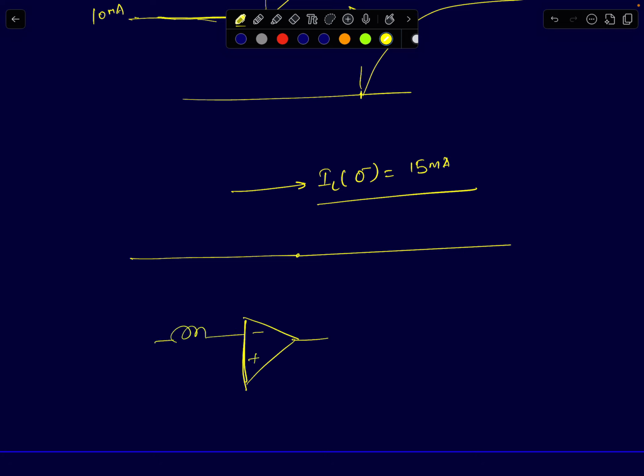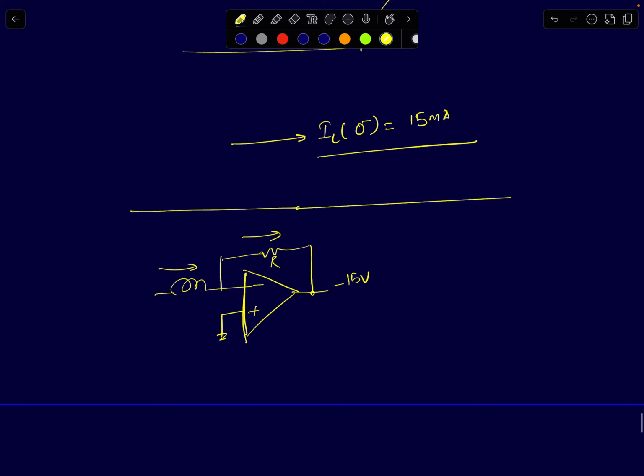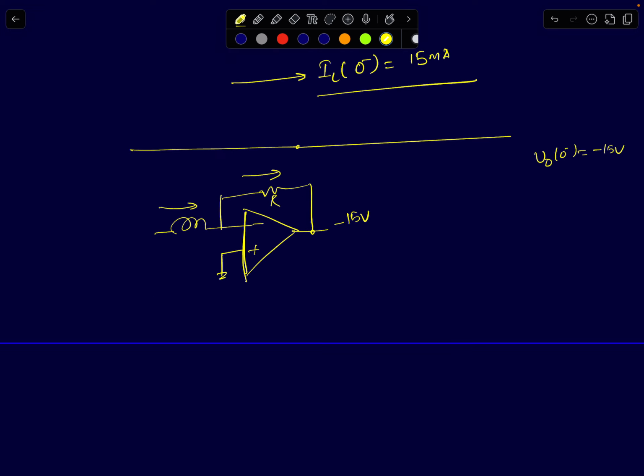Since the inductor is already carrying 15 milliamperes, the output voltage V naught of 0 minus will be at minus 15 volts, and it will stay put at minus 15, and the inductor current will go through a first order charging increase. So it will start at 15 and then go till 25 milliamperes. That's the only difference here in the circuit.